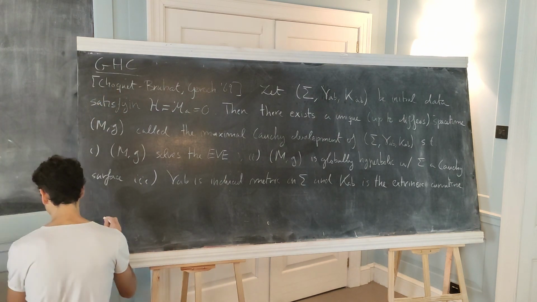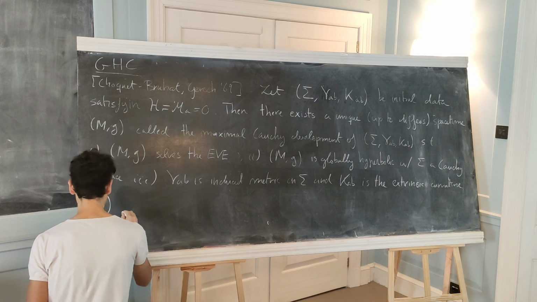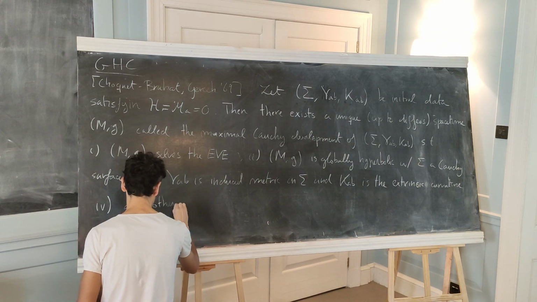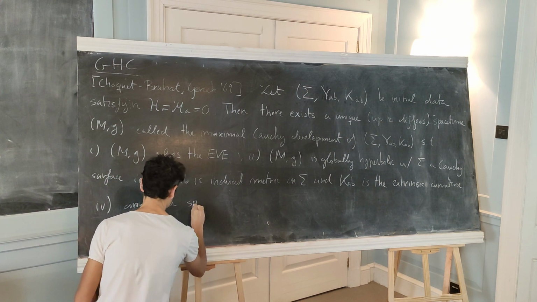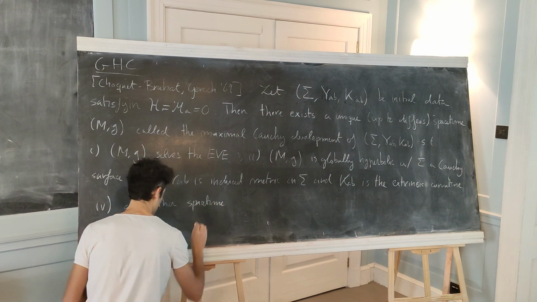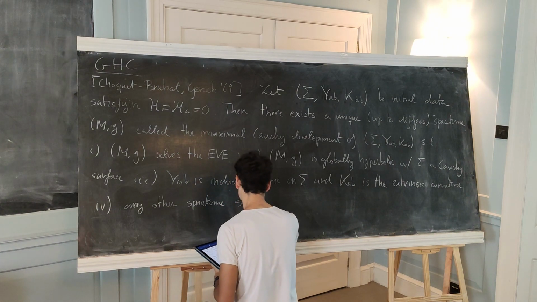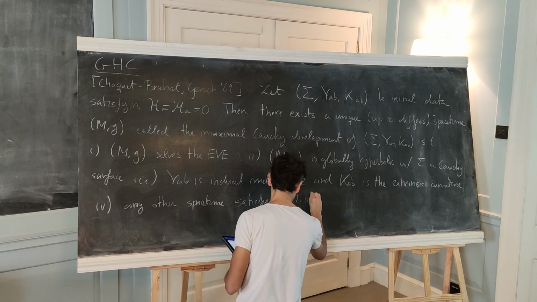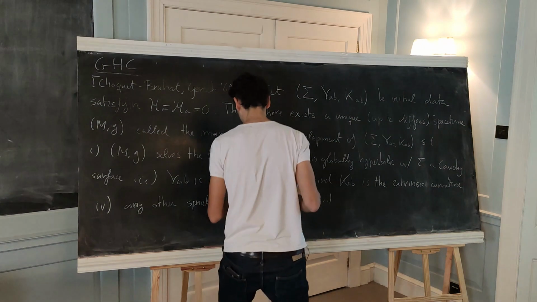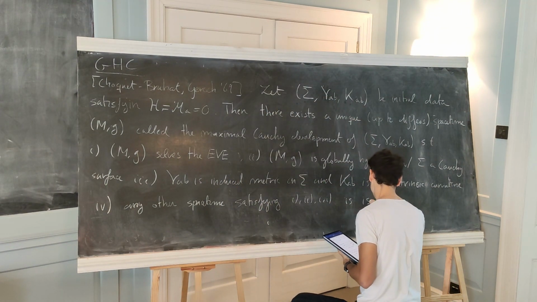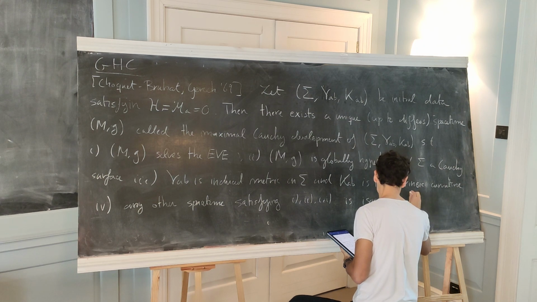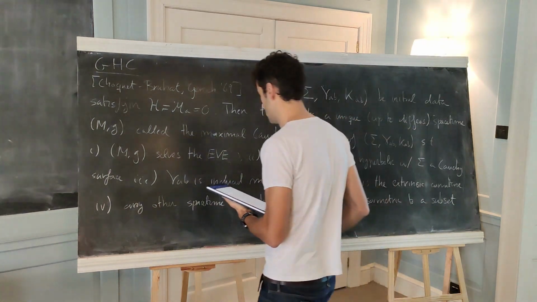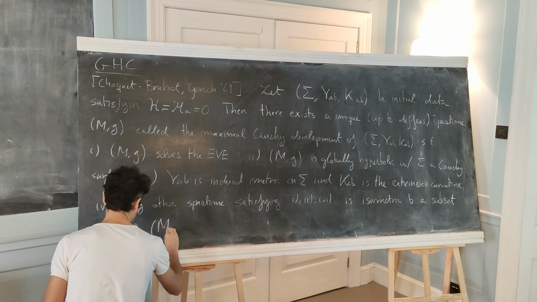And for any other spacetime satisfying these properties 1, 2, and 3, it is isometric to a subset of (M, g).